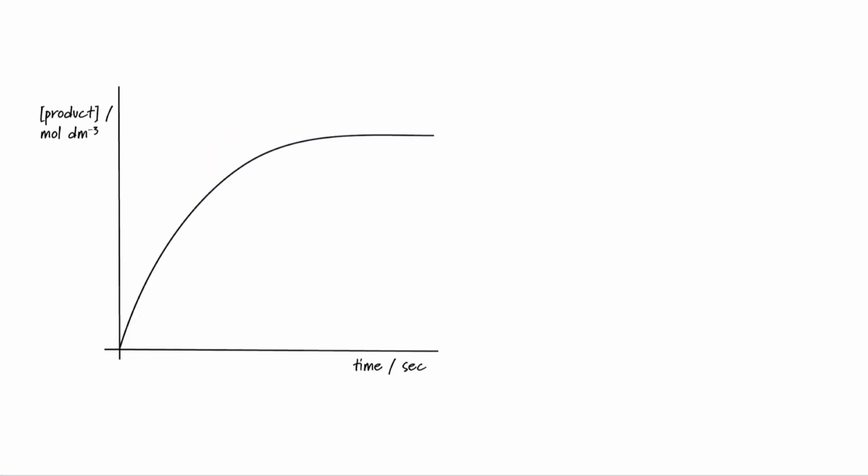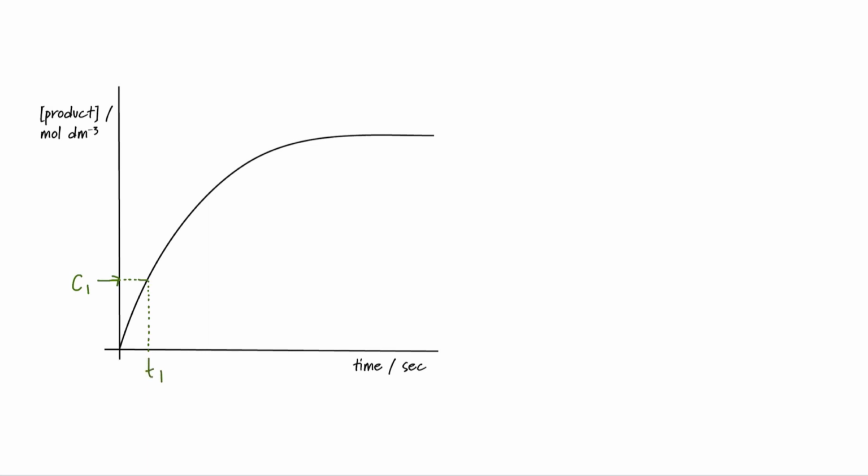Another way of looking at it is that if we measure the time taken to produce a certain amount of product, or perhaps use up a certain amount of reactant, then the quicker that happens, the faster the reaction must be happening. So, T1.